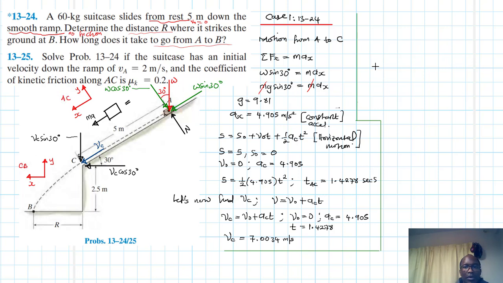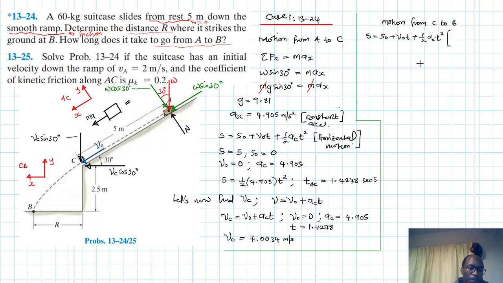Alright, so we are dealing with motion from C to B. And since the acceleration here is also constant, the acceleration due to gravity, we're going to employ this equation: S equal to S naught plus V naught T plus half AC T squared.